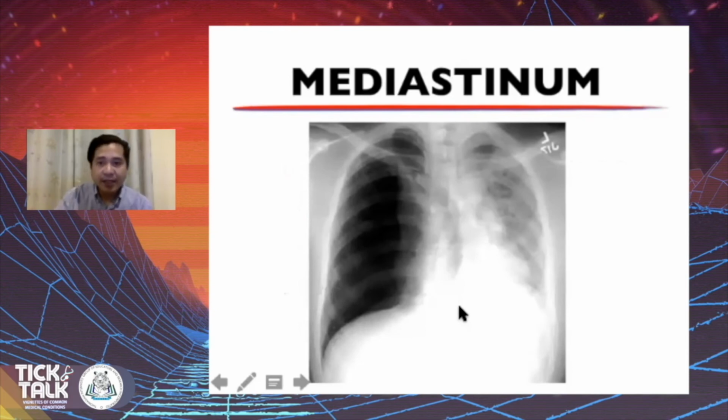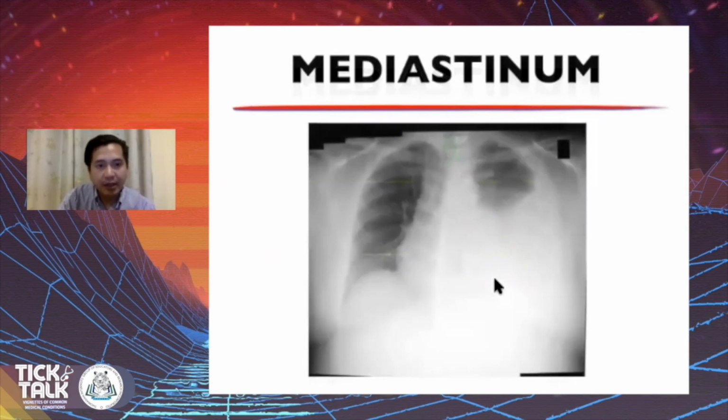In this film, the trachea and the heart are displaced to the left. So is it a pathology on the right pushing, or a pathology on the left pulling? Of course, with pneumothorax you have widened intercostal spaces, with air taking up the space, so it's pushing the midline structures to the contralateral side.